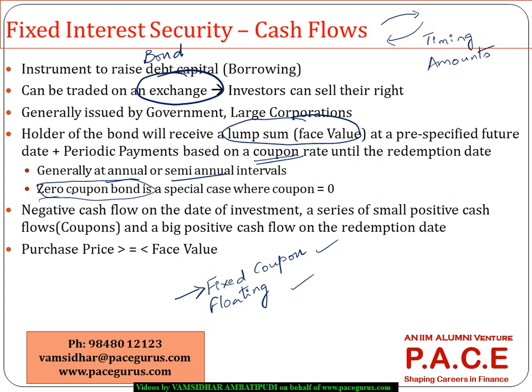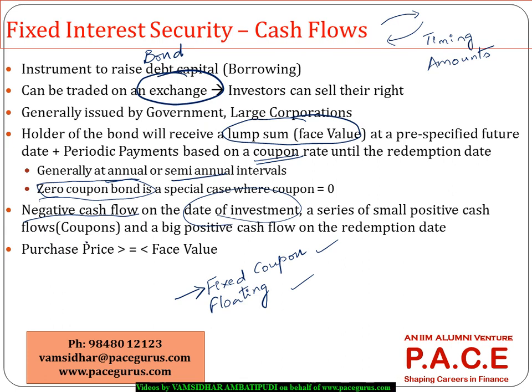So just to look at the cash flows associated with these kinds of instruments, there is a negative cash flow on the date of investment, a series of small positive cash flows over the period of the loan, which are coupons, and a large positive cash flow, which is the principal repayment or the face value repayment, which happens on the maturity date.